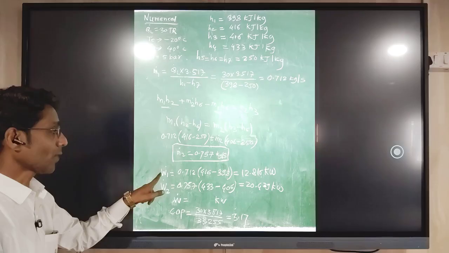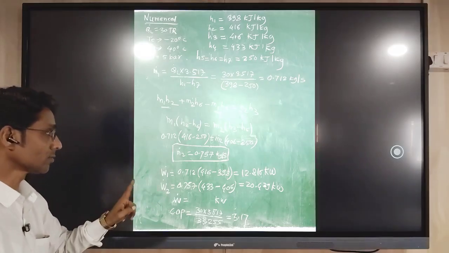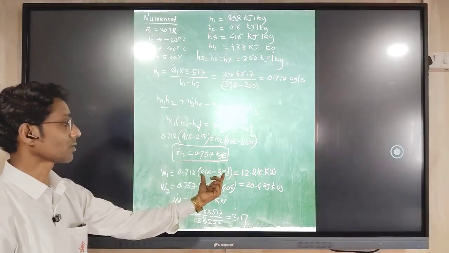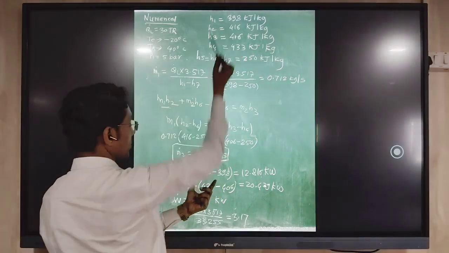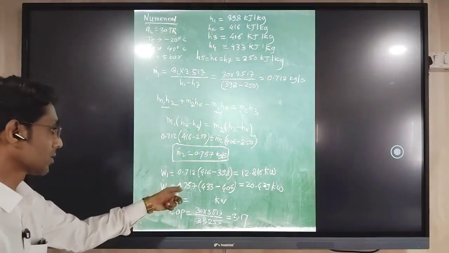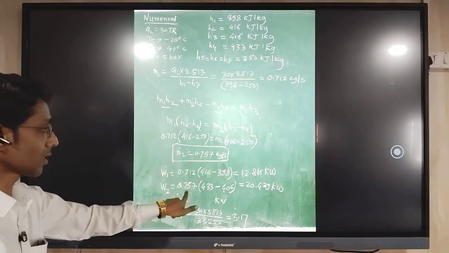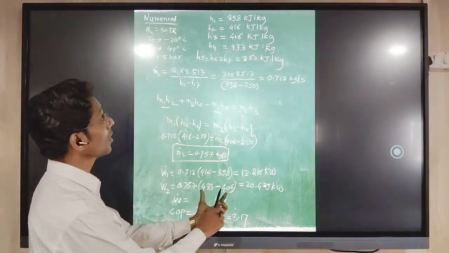Then we find the power consumption of compressor 1, W1 dot. The formula is M1 dot times the enthalpy difference across the first compressor, H2 minus H1, calculated in kilowatts. W2 dot is equal to the mass flow rate M2 dot times the enthalpy difference across the high pressure compressor.